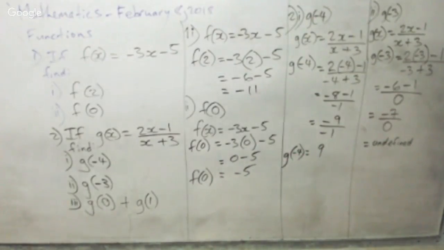Right. So we have negative 6 minus 1. Negative 3 plus 3 is what? 0. Negative 3 plus 3 is 0.